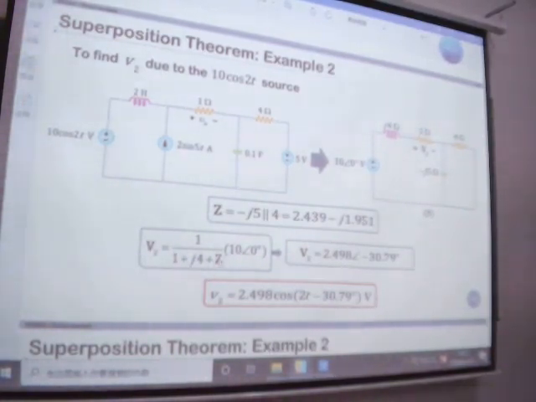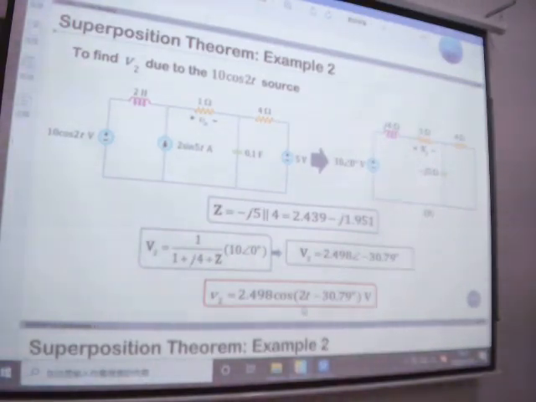Now the sum should be 4j, 1j, and those parts. So it's 1 over 1 plus 4j plus so on, times the source, 10 angle 0. And then we can solve out our V2 and transfer this into polar coordinates. Then we can transfer this back to the time domain.